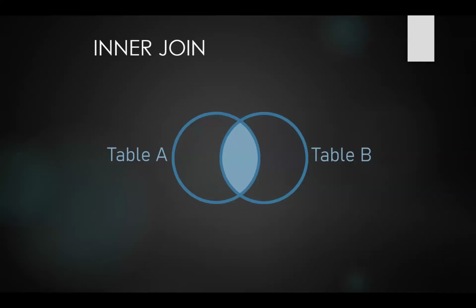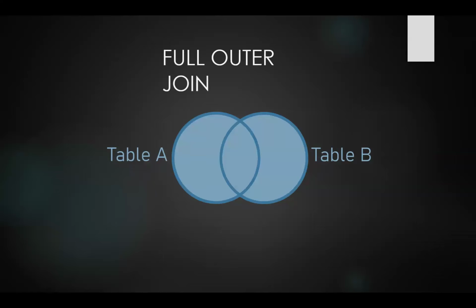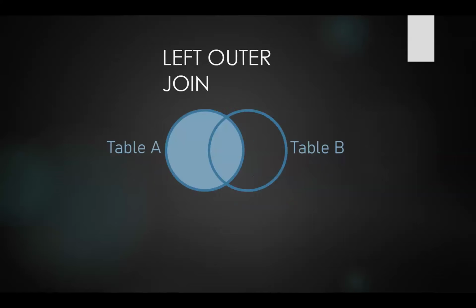If I show you the Venn diagram, the full outer join brings out everything from both tables. The left join, for example, only brings out everything on table one or table A, and brings only where table B is related to table A. In the intersect, table B is showing, but only where it's related to table A.